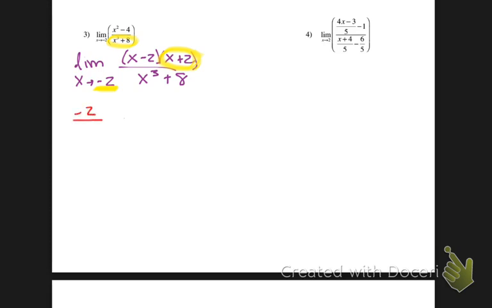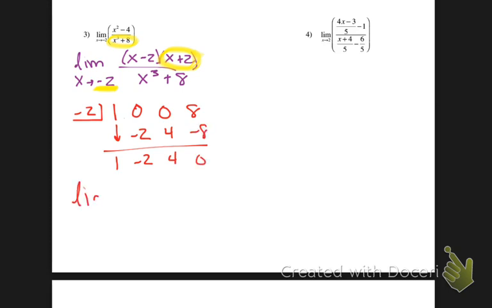So the value is negative 2, and then my coefficients are 1, 0 placeholders, and then 8. And here we go with synthetic division. All right, so what we have now is that x minus 2 and x plus 2 in the top.